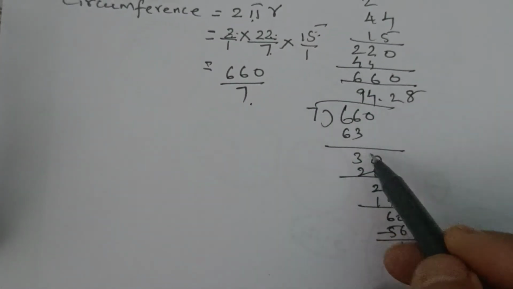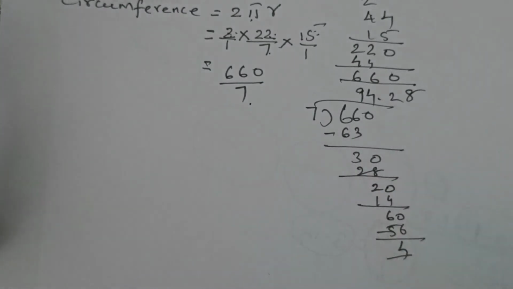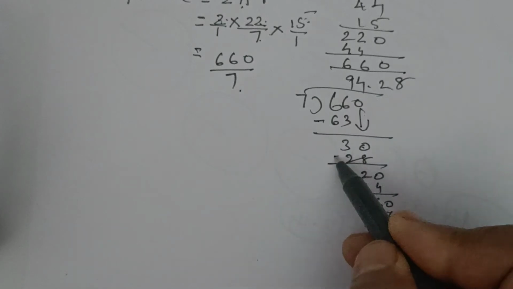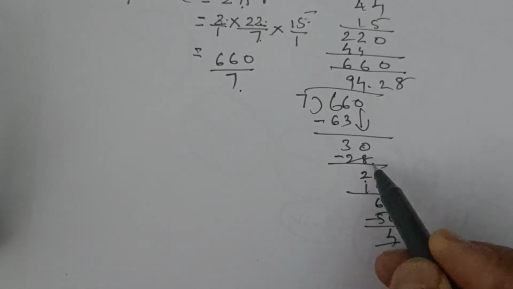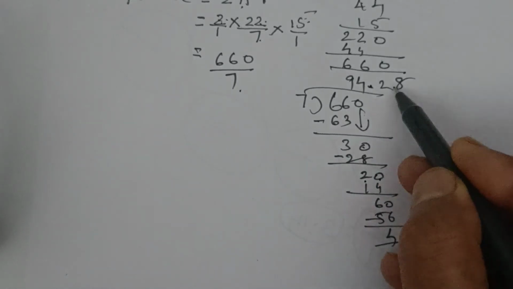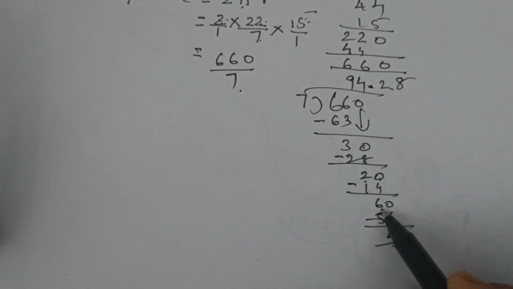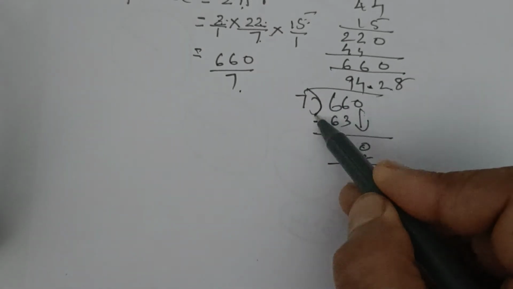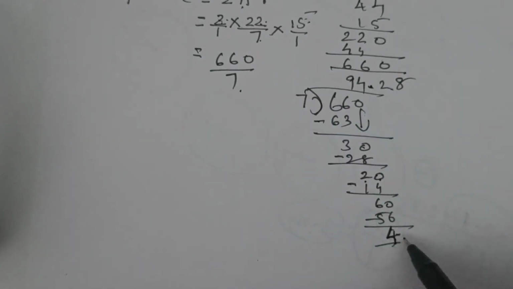You get 9, 7 9s are 63. And when you subtract, it is 3. And with this, bring down 0. And 30, 7 4s are 28. Now subtract. 30 minus 28 is 2. There is no next number, we don't have one, so keep a point and put 0. 7 2s are 14. When you subtract, we get 6. And 0, what is it? In 60, 7 8s are 56. Remainder 4. It goes on and on.